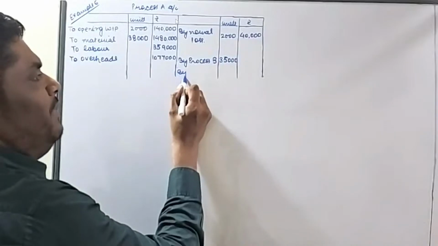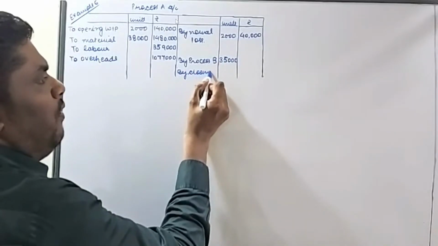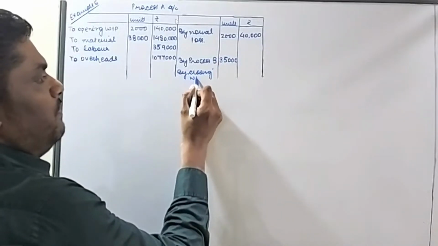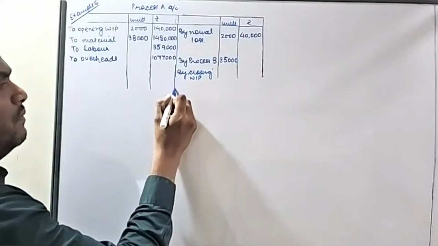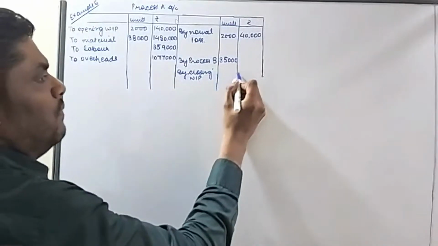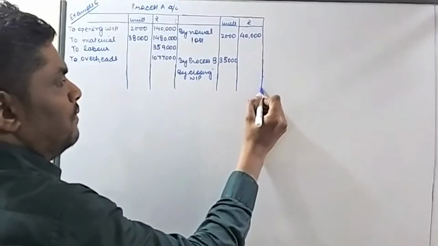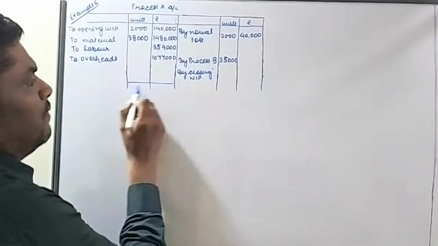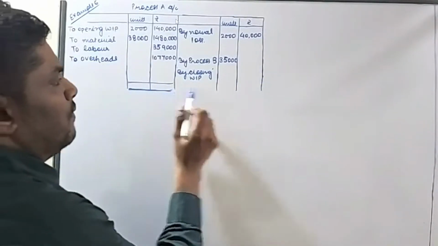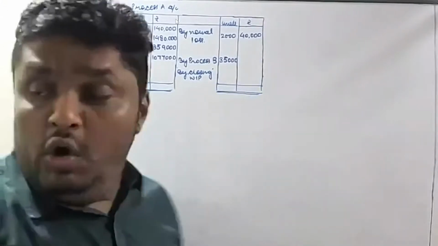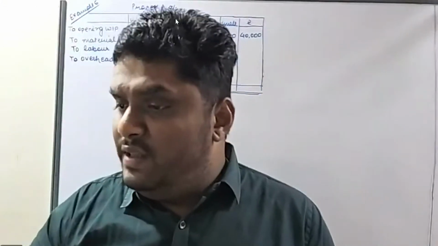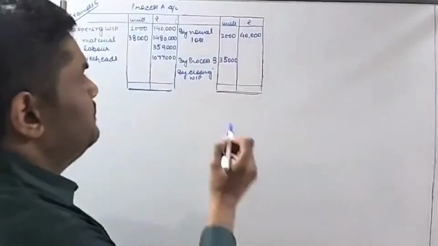And closing work in progress is also given, that is 2,000 units.